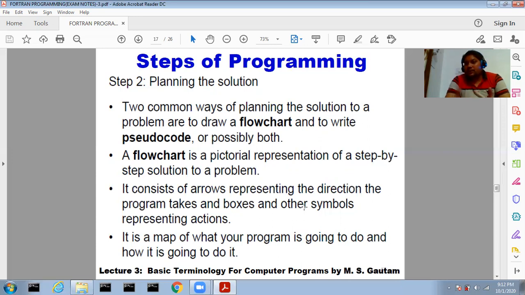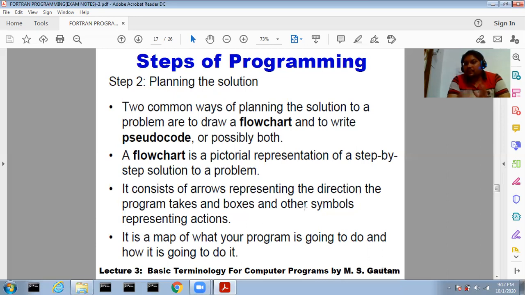It represents various steps in terms of pictures, how the sequence of the program will go from step 1 to step 2, step 2 to step 3, and so on. That is a pictorial representation. So a flow chart is a map of the program.